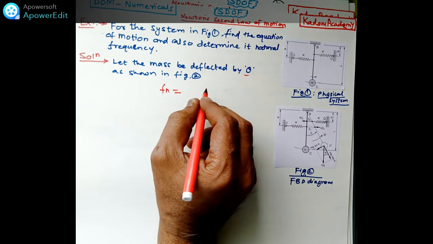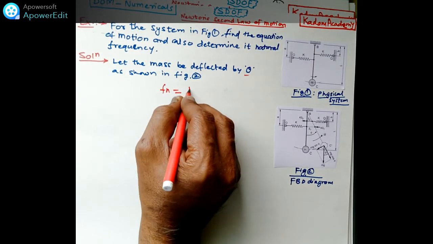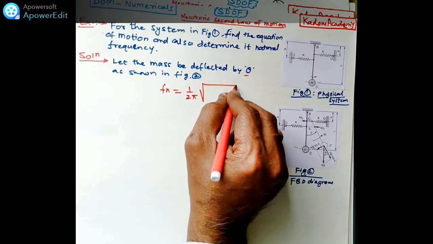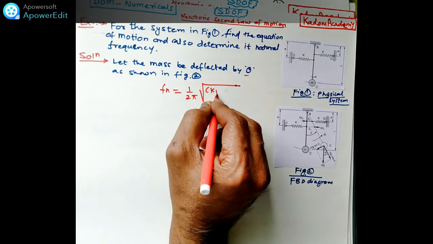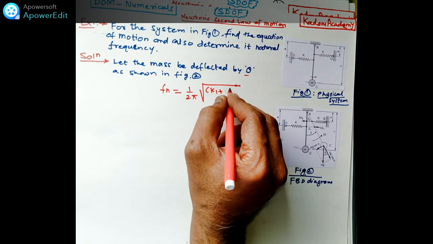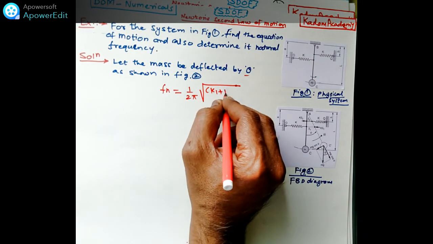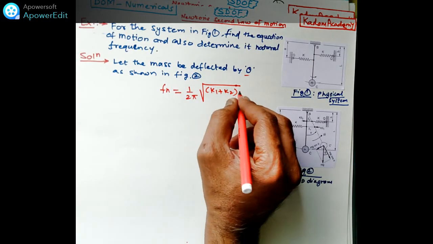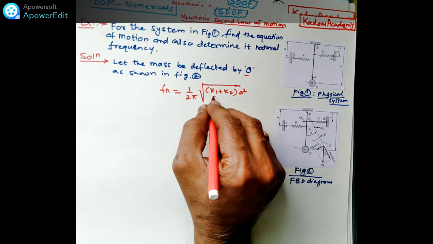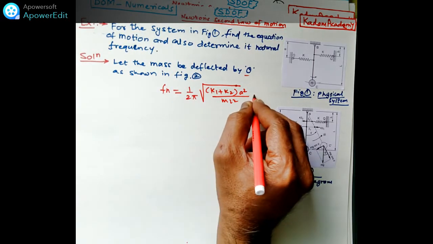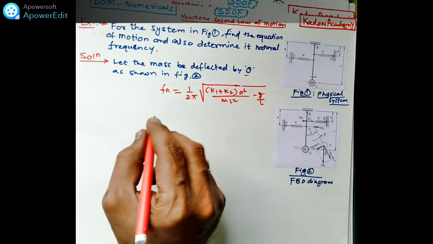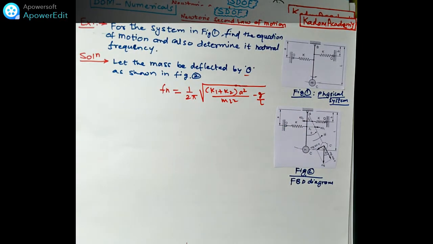You get Fn as 1 by 2 pi under root of, here we can consider K1 and K2, or 2K, you can say, 2K into A square over m L square, minus G by L. Solve it, you get this answer of Fn.